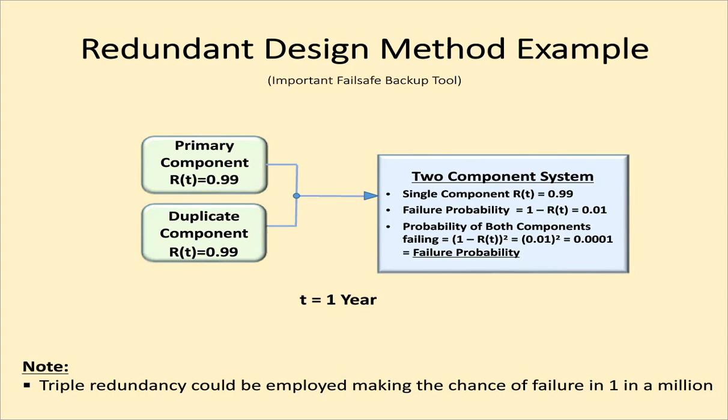So if you would take this a step further and use triple redundancy with the same level of component reliability, you now improve the chance of failure for 1 year to 1 in a million, which is starting to become pretty decent, particularly for a safety-related issue.